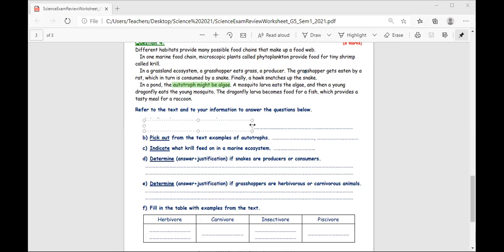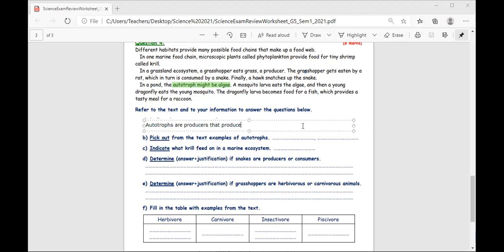Plants are producers. Excellent. So autotrophs are producers. Why are they called producers? Because they're making our food.